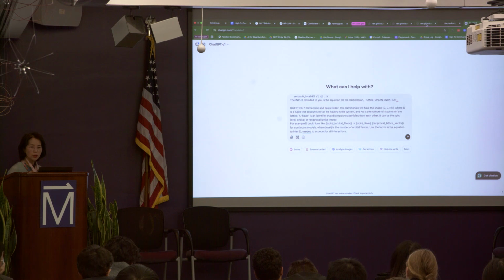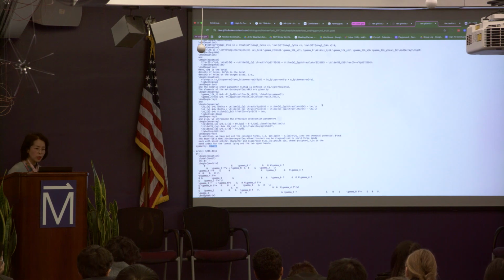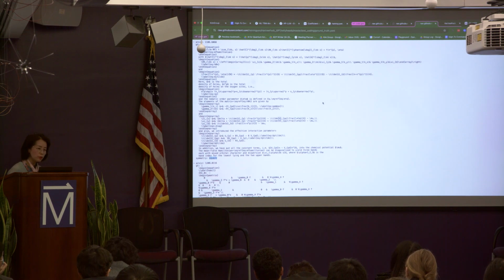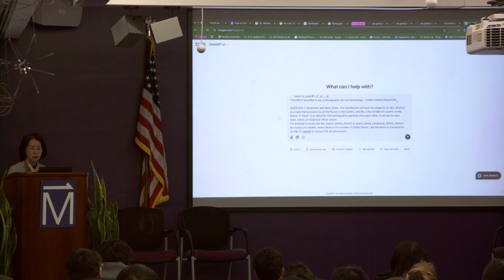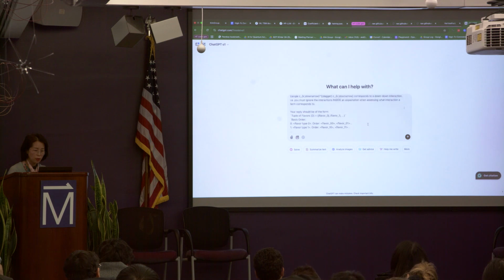And now I have to give the Hamiltonian that I want to look at. So these are mean field Hamiltonians for our 11 papers that we looked at. I'm going to pick this one. So I place that in the Hamiltonian part.